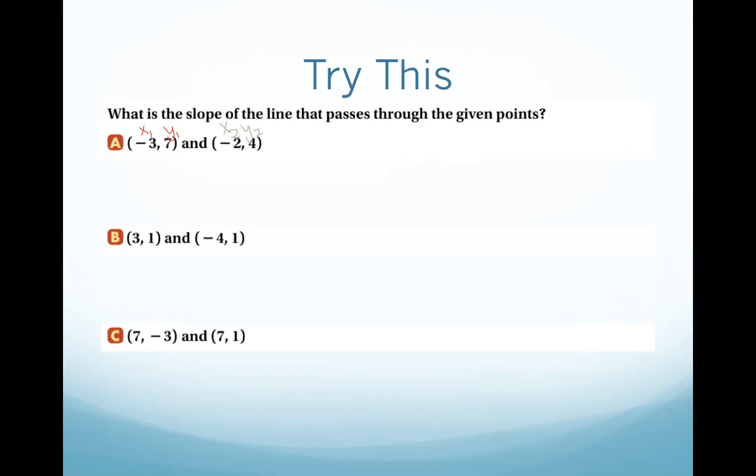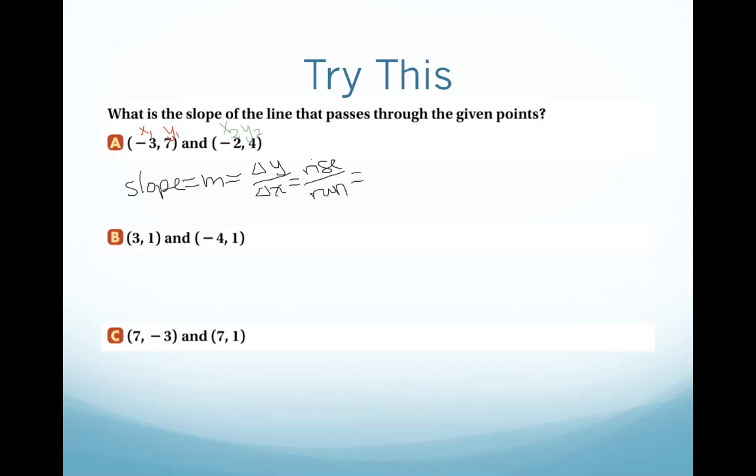Okay, so slope, which we label with a variable m, is change in y over change in x. Or you can say rise over run. I won't write all of this out every time.